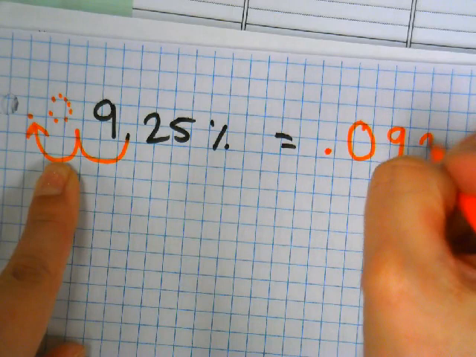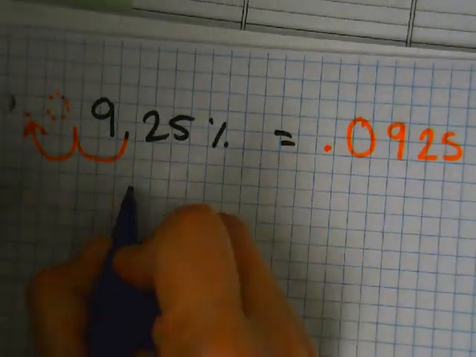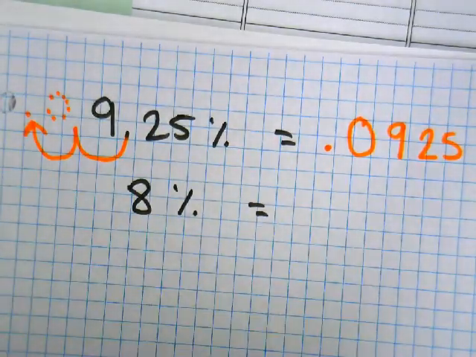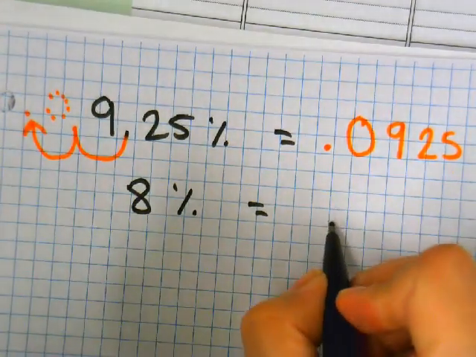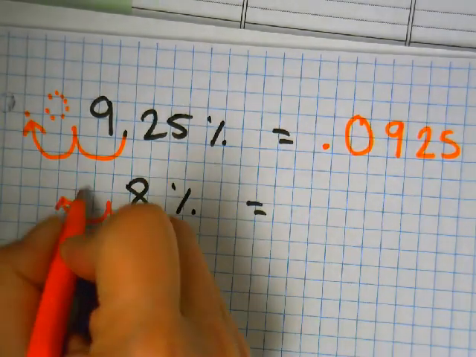What's the number one mistake kids make? They won't put that 0 and just put 0.925, which means it's 92%. Unless the roads are paved in gold, you're not going to charge me 92%. Can you imagine? Okay, what if it's 8%? 0.08. So 1, 2, fill it in.